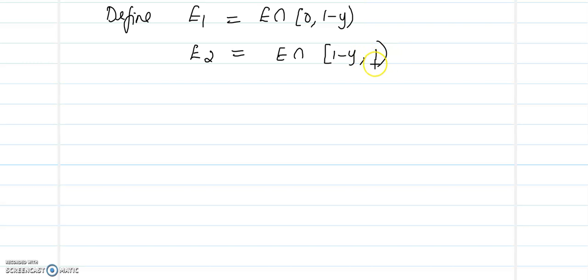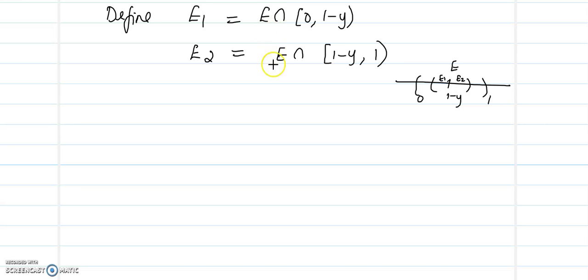So let us take these two sets. Here is [0,1), with 1 minus y marked. This is the set E. E intersection [0, 1 minus y] will be E1, and E intersection [1 minus y, 1) is going to be E2.